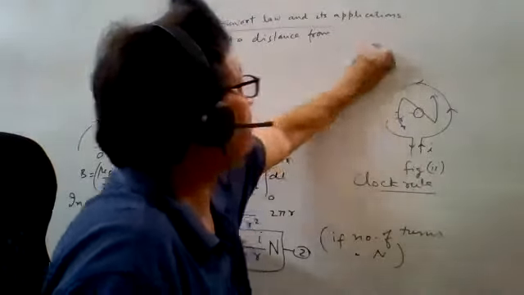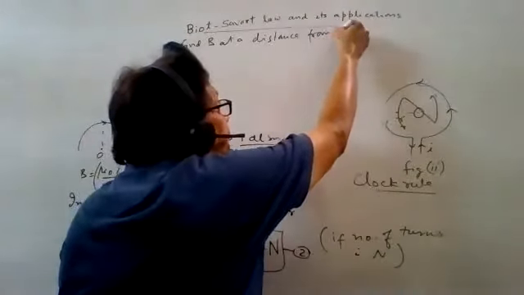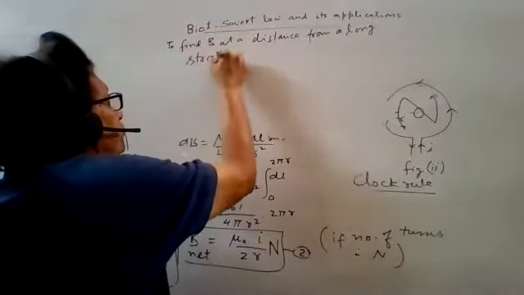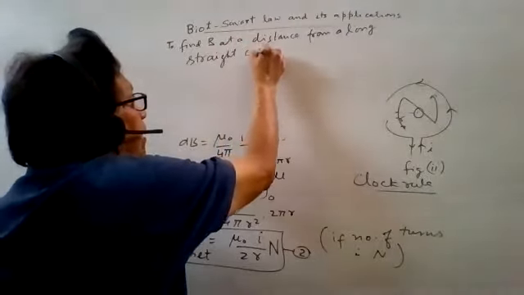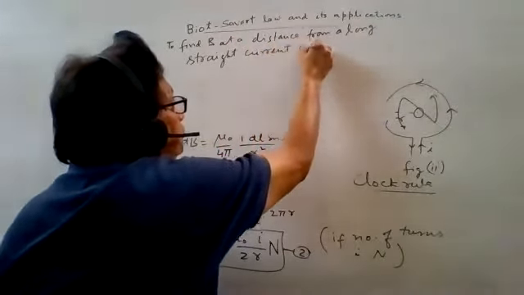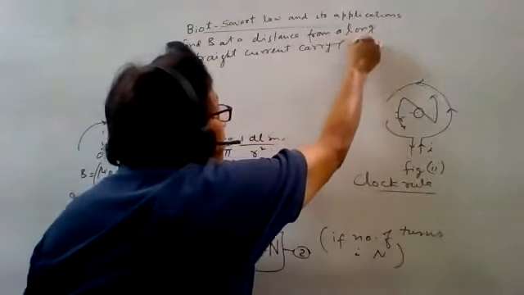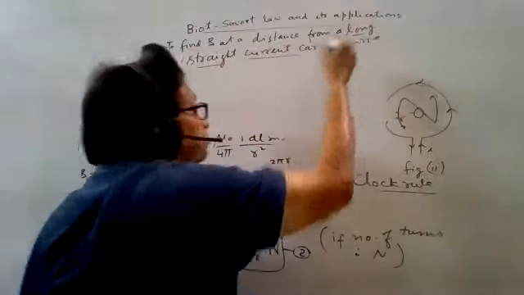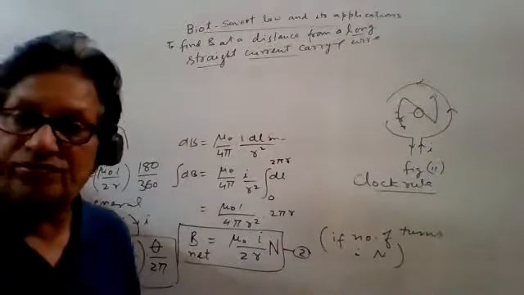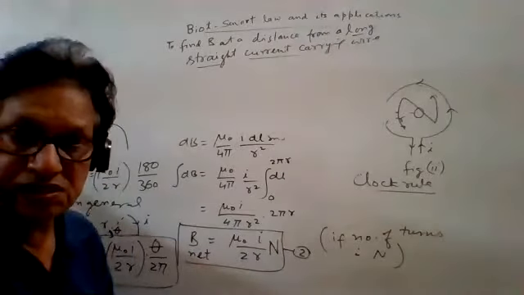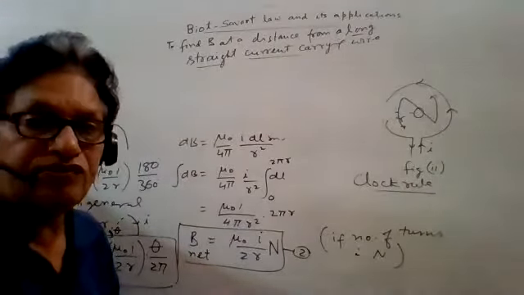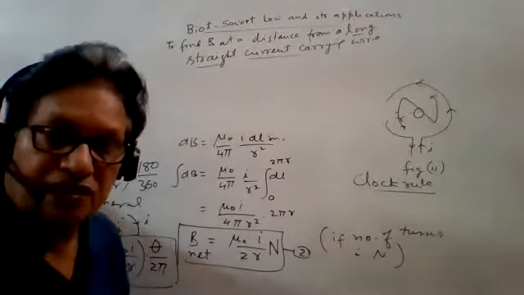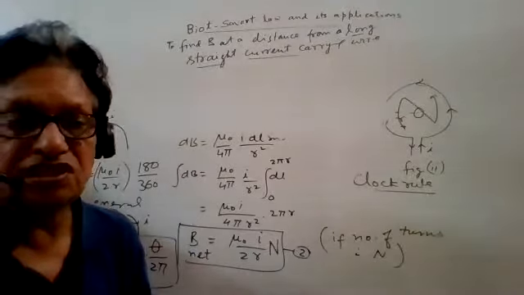Infinitely, as a special case, we will teach from a long straight current-carrying wire. Okay? There are many cases. We'll take one by one. It may be infinitely long, it may be semi-infinitely long, it may be finitely long, different cases.